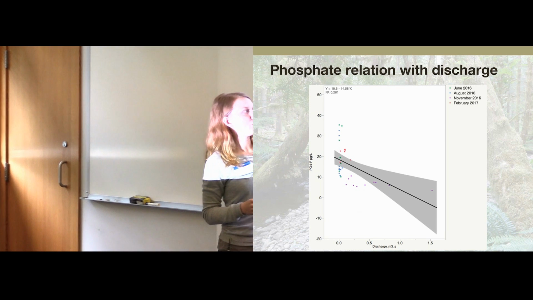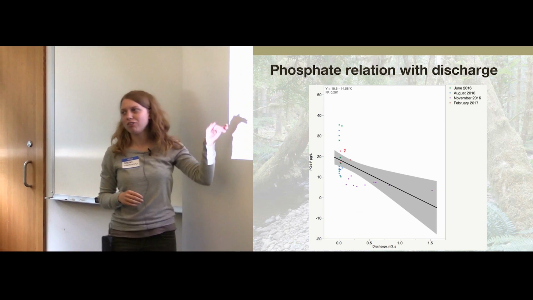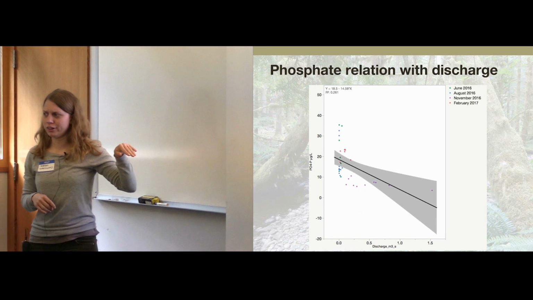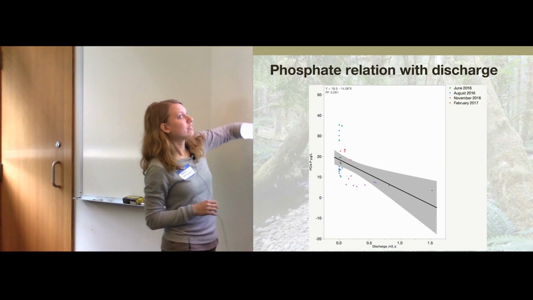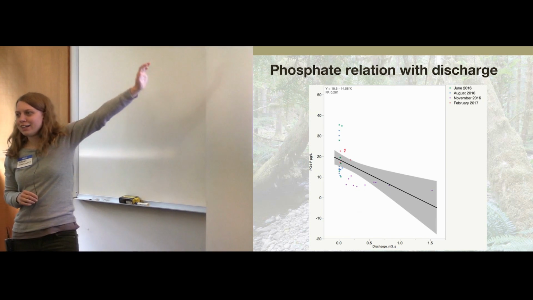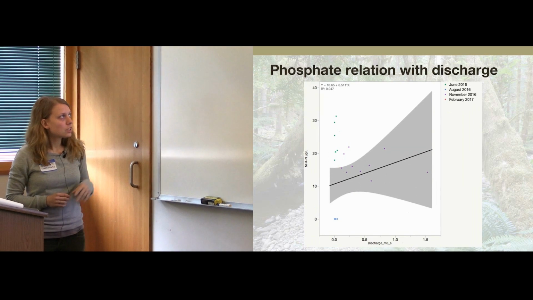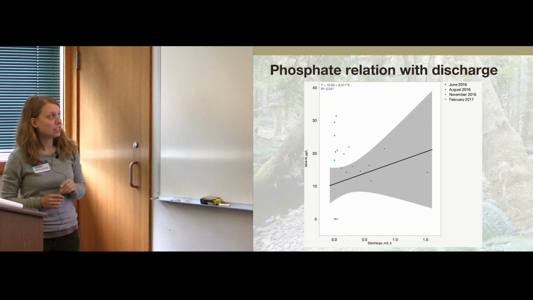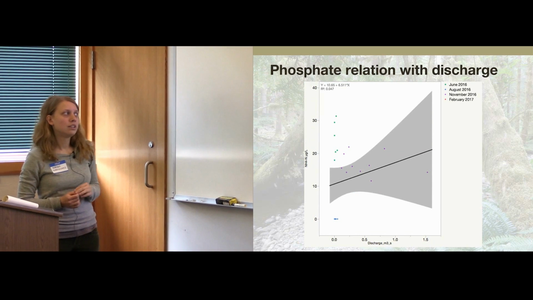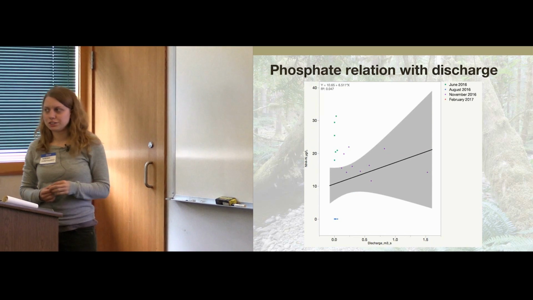As we're seeing more variability in the discharge, that's when all of the phosphate concentrations are low. And when we have variability in the phosphate, that's when all of the discharge concentrations are low. And again, not a very strong correlation. And ammonia, not a very strong trend either.